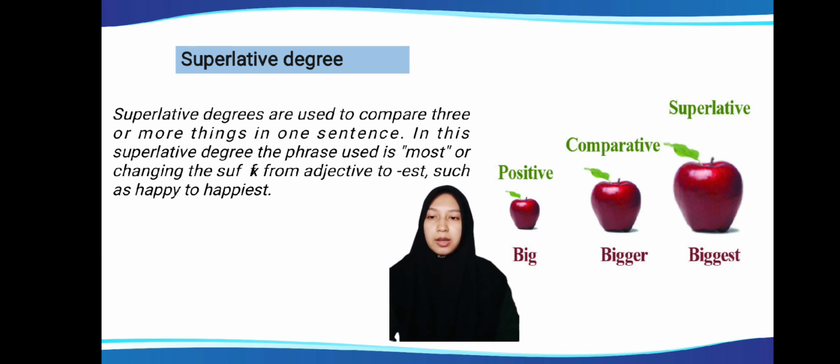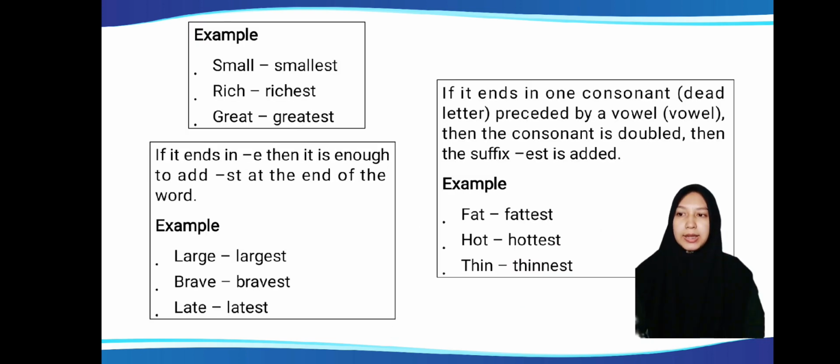In the picture, on the positive, apple, big, comparative, bigger, superlative, biggest. Example: small, smallest, rich, richest, great, greatest. If it ends in e, then it is enough to add st at the end of the word.